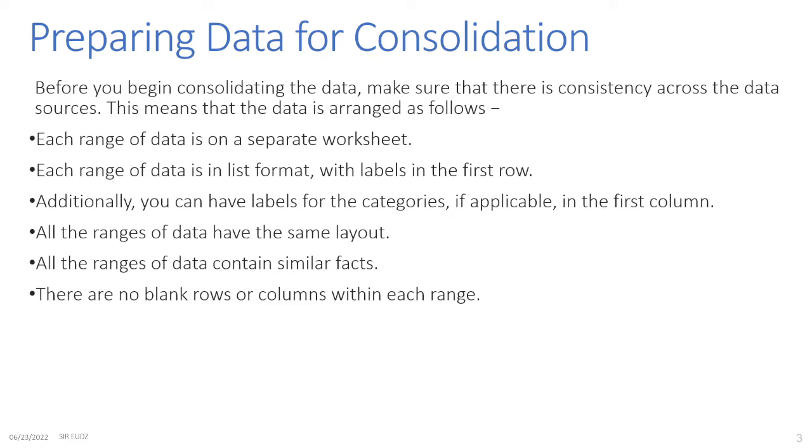Additionally, you can have labels for the categories, if applicable, in the first column. All the ranges of data have the same layout, and all the ranges of data contain similar facts, and there are no blank rows or columns within each range. So we have to be sure of these things so that we can prepare our data for consolidation.